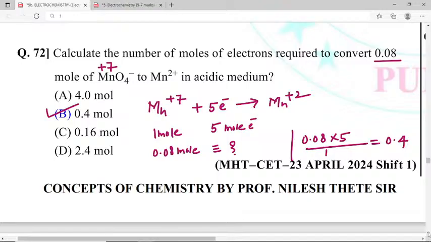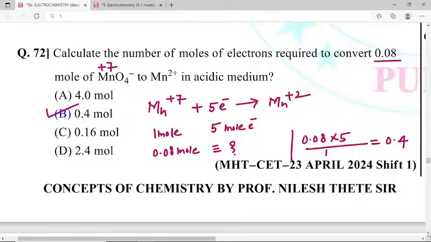Please check our question number 72. Everyone get it? Calculate the number of moles of electrons required to convert 0.08 mole of MnO4-. So oxidation state of Mn is plus 7 to Mn2+, directly plus 2. So plus 7 to plus 2, so 5 electrons should be added.